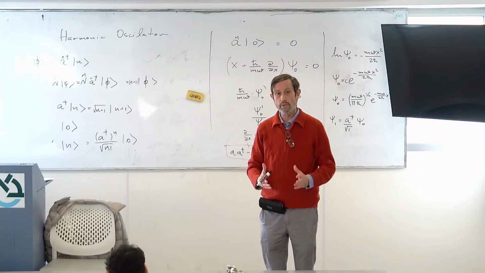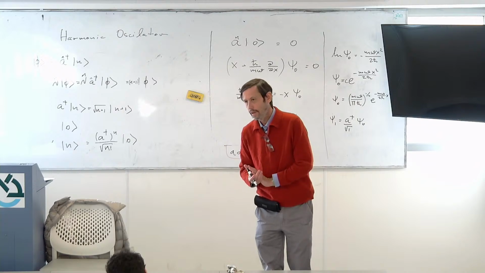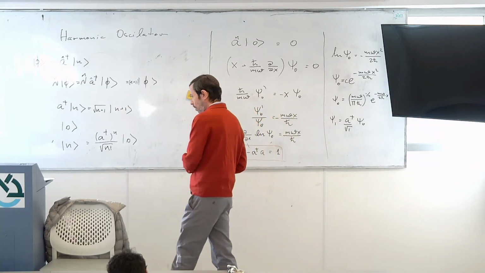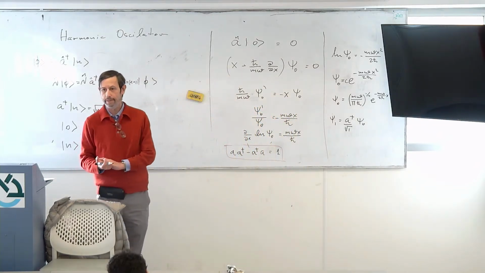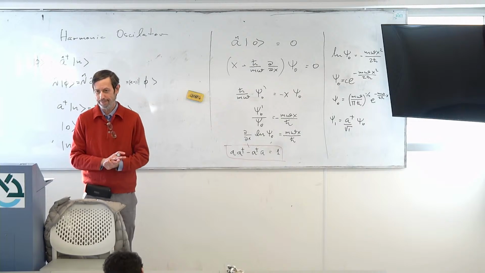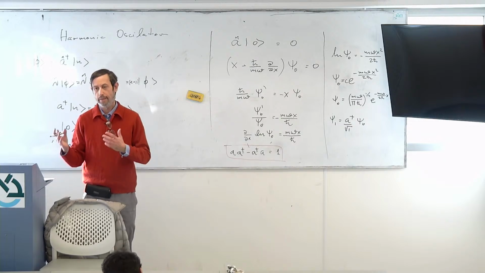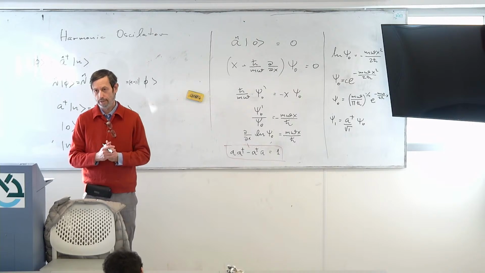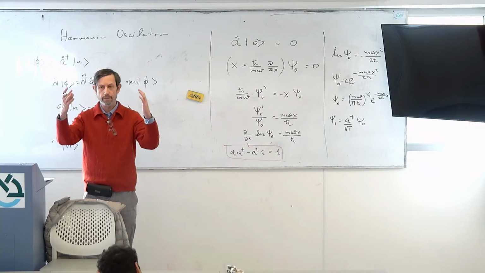So all solutions of the wave function of a particle in a harmonic oscillator are just a polynomial, which in a moment we'll give a name, times a Gaussian. Makes a lot of sense.